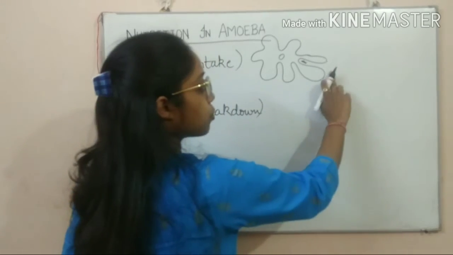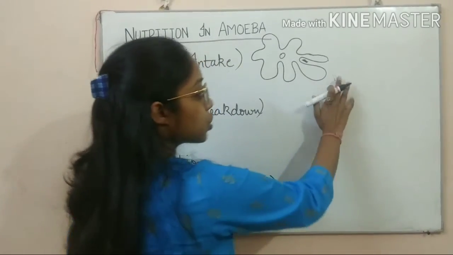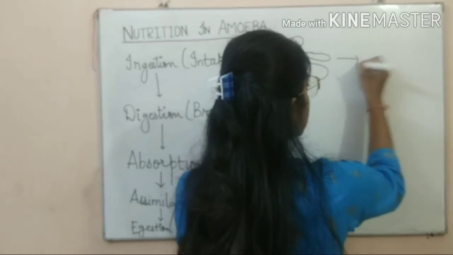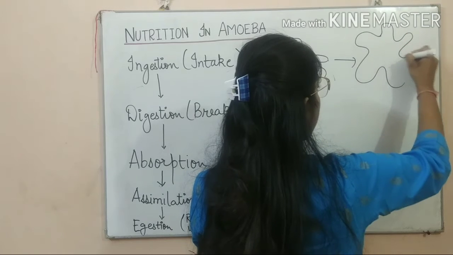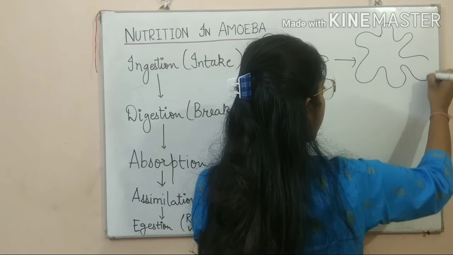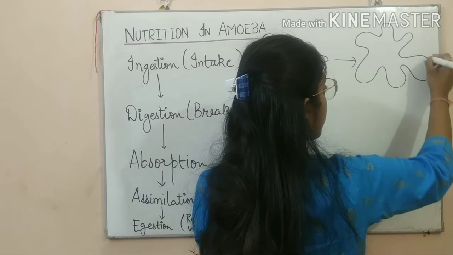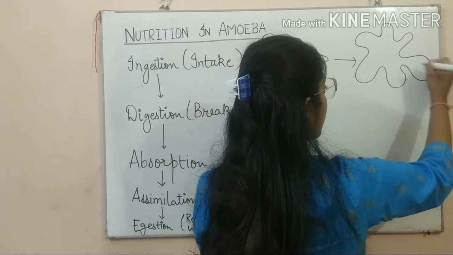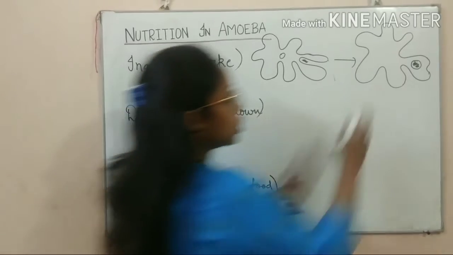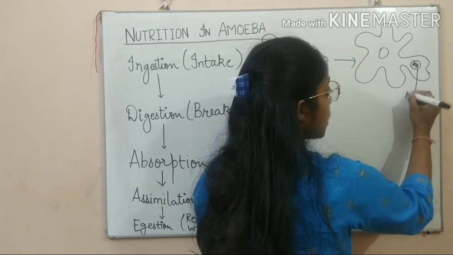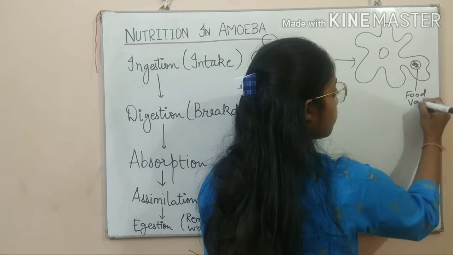These are the finger-like projections. We call it pseudopodia. After that, what happens? It engulfs this food. Now, this becomes the food vacuole.